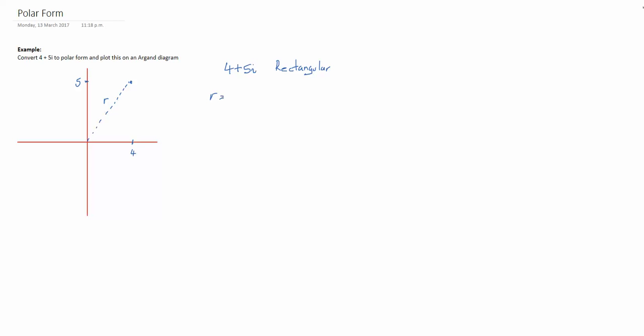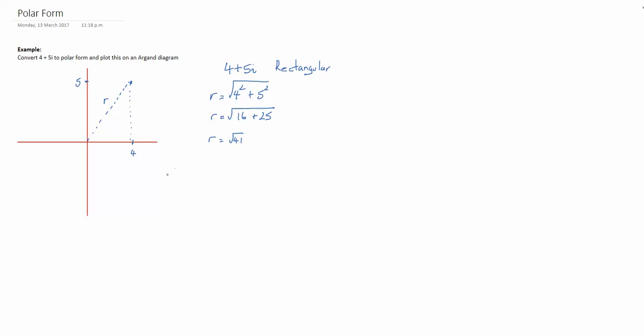r should equal the square root of 4 squared plus 5 squared, coming from Pythagoras' theorem. So it'll be the square root of 16 plus 25, which is going to be the square root of 41.